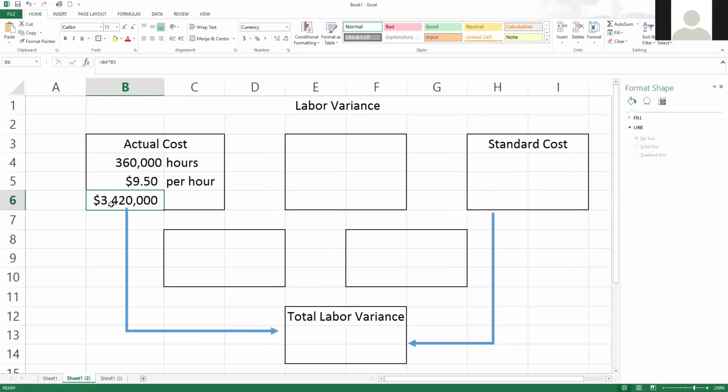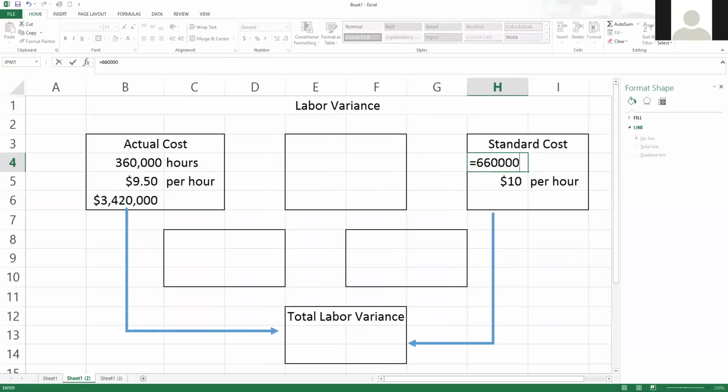But as we read along farther, it says that every wheel should take us half an hour and should be $10 an hour. I'm going to drop my $10 in here. Now, half an hour per wheel. Well, it tells us we did 660,000 wheels, and I want to multiply it by half an hour for each one.